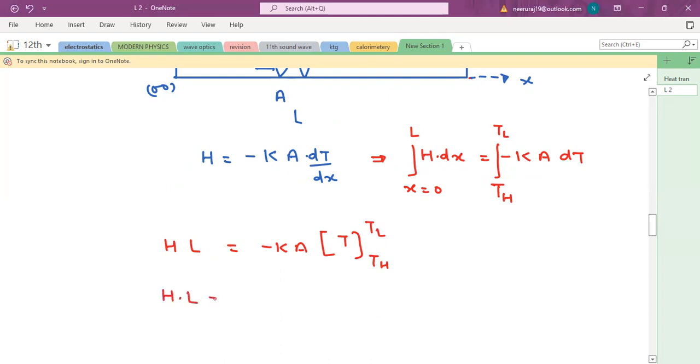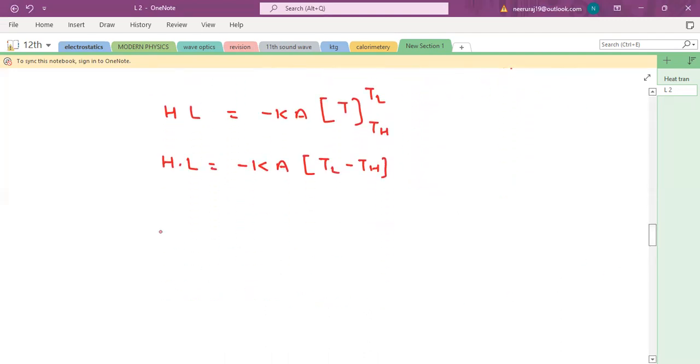H into L equals to minus Ka into TL minus TH. So if you write down the formula, the formula for heat current becomes H equals to minus Ka times TL minus TH by L. The formula for heat current.